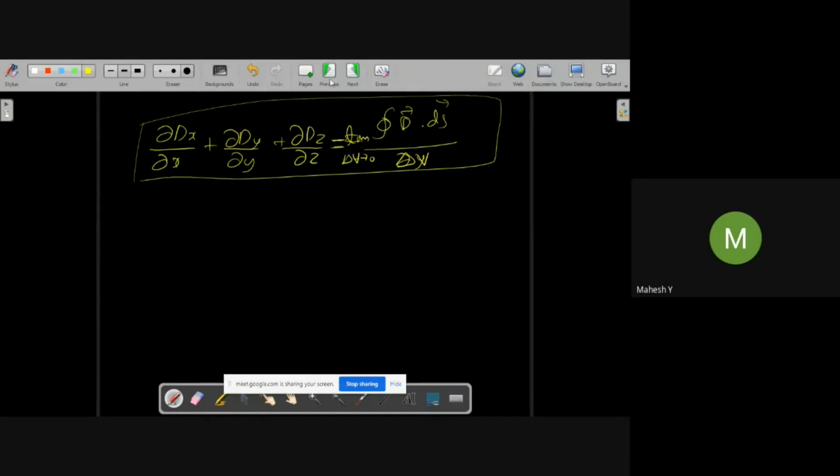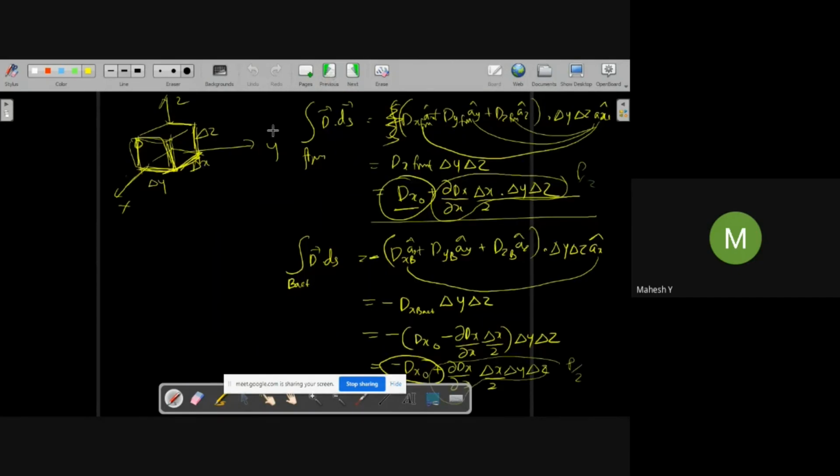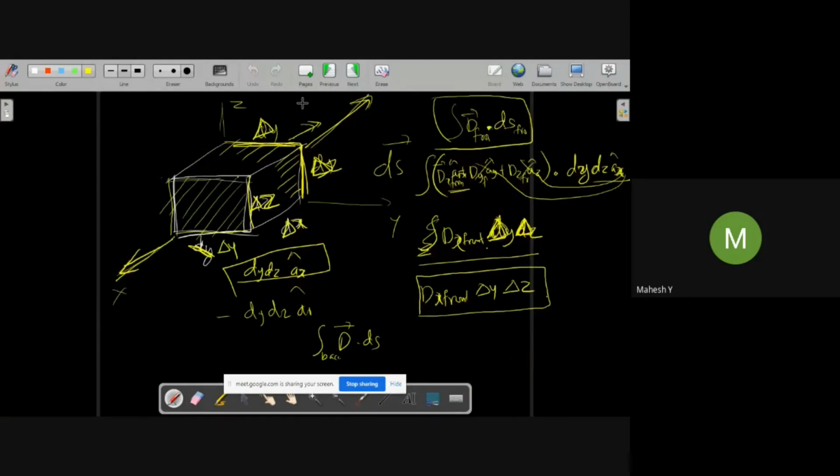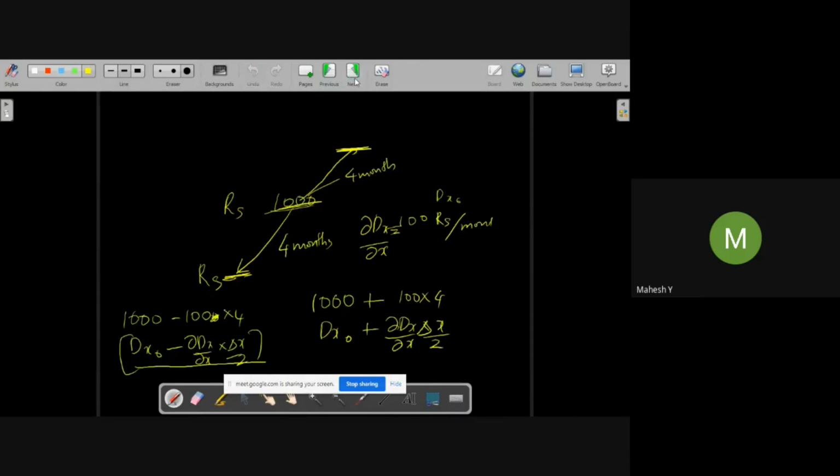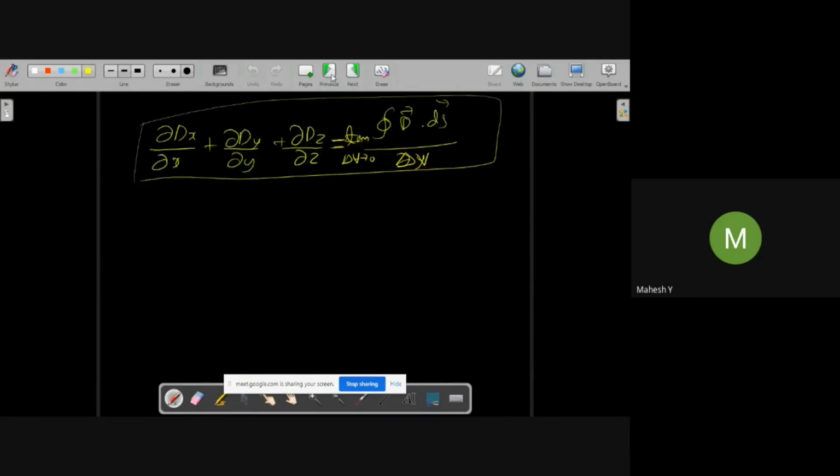If you take a larger volume, if Δx, Δy, Δz are very large, it may not be the same expression how we got it. This expression is valid only for a small region, a linear relation. That linear relation is possible only for a small length. So that is why Δx, Δy, Δz should be very small, or I can say that Δv tends to 0. So this is a very good expression.